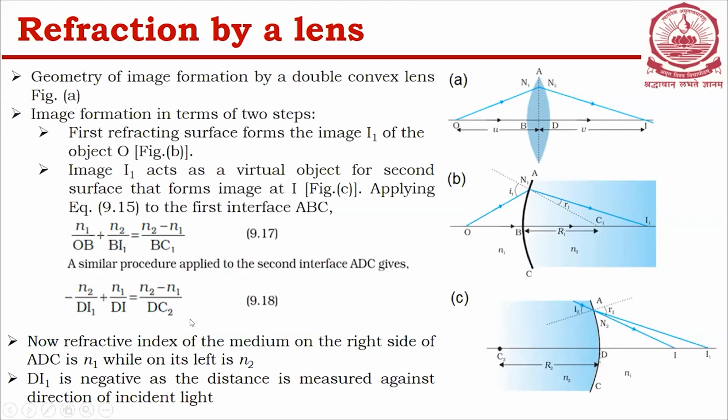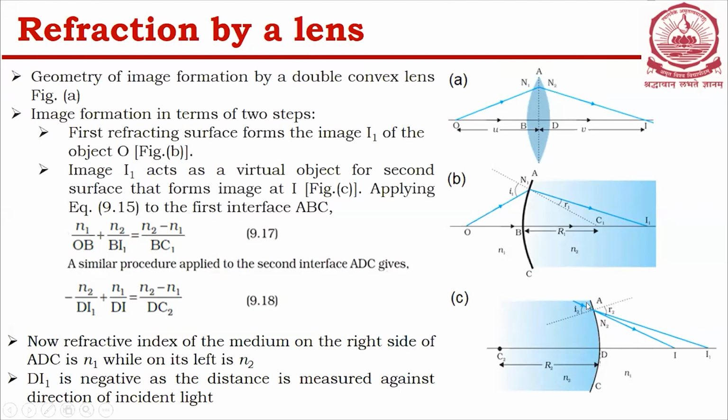So I have written two equations, for the two spherical refracting surfaces, one for the first surface and one for the second. Now my job is simple. You can see that in the first case light goes from rarer to denser, and in the second case from denser to rarer. Also, the image point I1 formed by the first refracting surface will be the object for the second refracting surface.